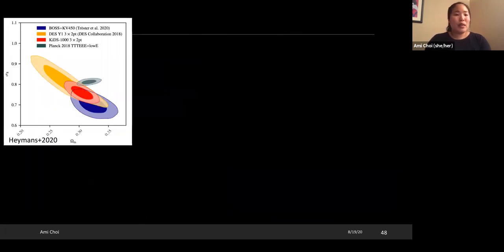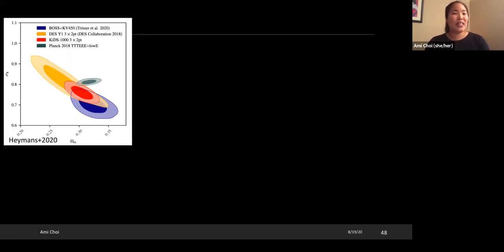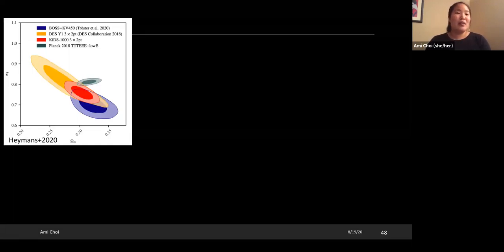I'm now to my summary. I started with the landscape of cosmic shear surveys, and this is the latest and greatest lensing results from the KiDS-1000 team. And we see that there still seems to be some sort of 2 to 3 sigma offset between what the KiDS data are telling us and what the Planck early time universe is telling us.